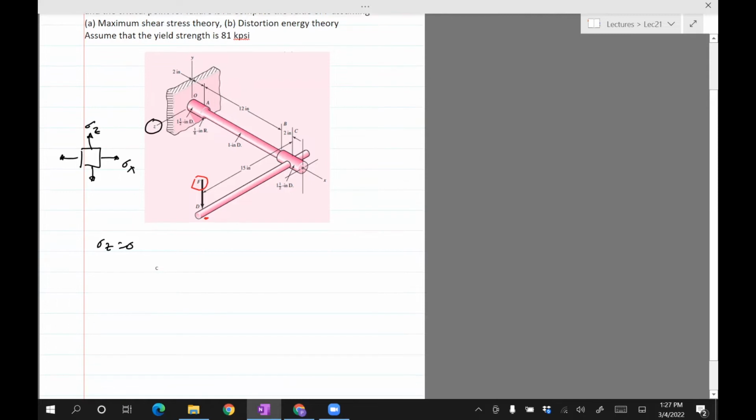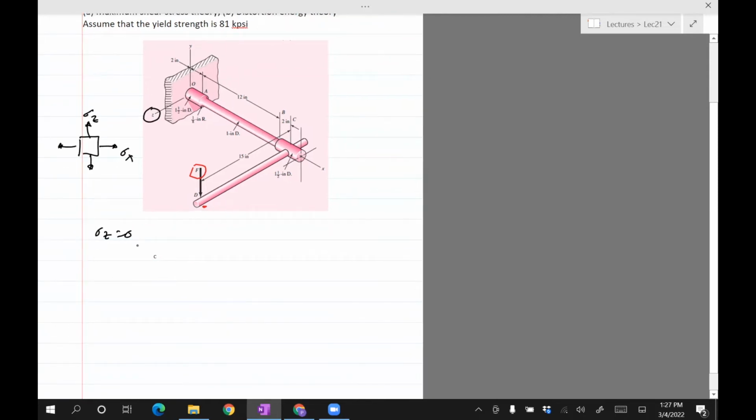Tau zx, the formula is T times rho divided by J. So in this case, the maximum stress will occur where the diameter is the smaller of the two. So Tx, T divided by 2.